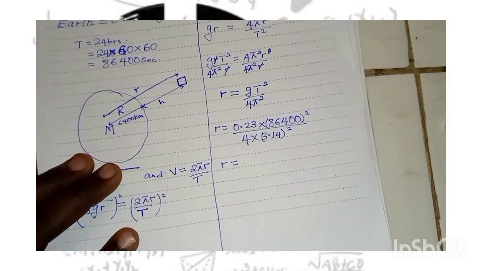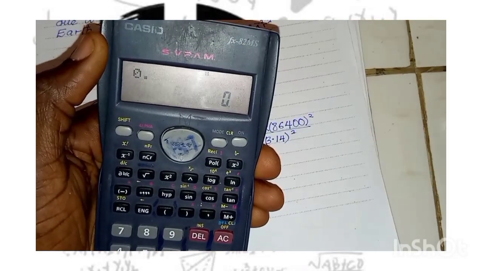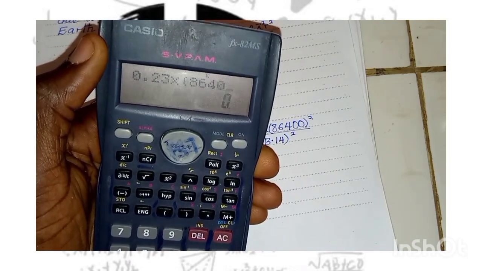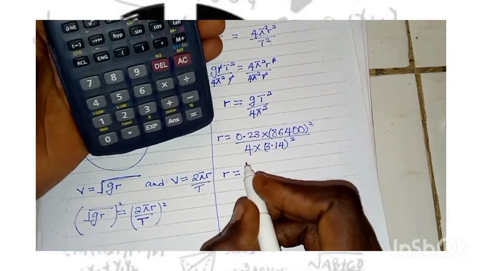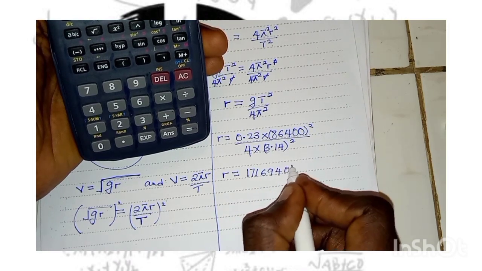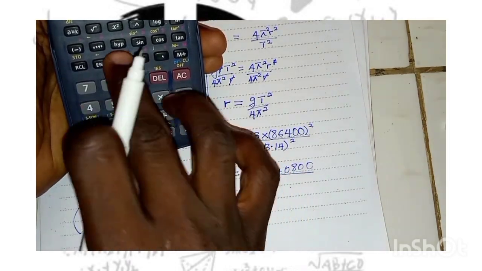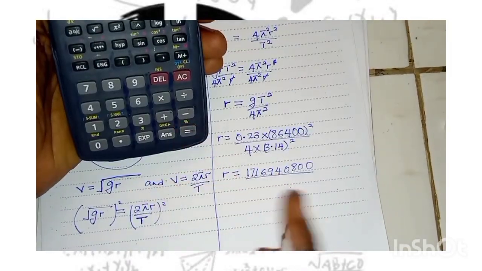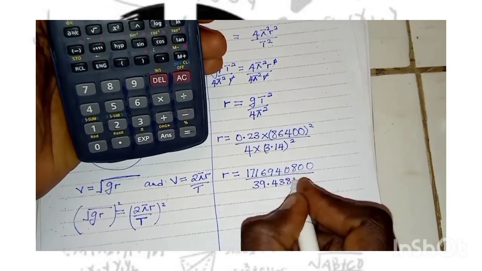You can pause the video and punch it to see what value you have. If you take your calculator and punch 0.23 times 86,400 squared, that is going to give you a very large value, which is 1,716,940,800, divided by the denominator, 4 times the pi that is given, 3.14 squared, and that is going to be 39.4384.